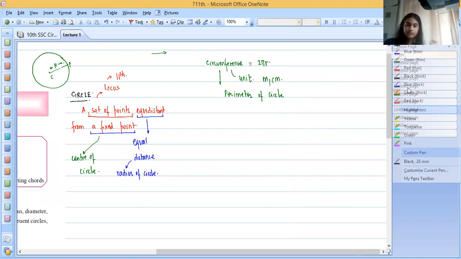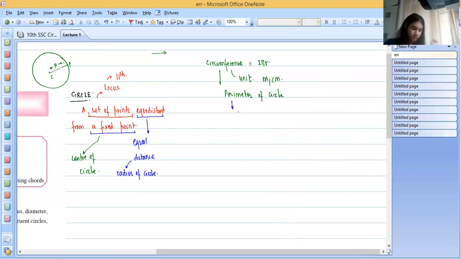What is the perimeter of any geometric figure? Length of boundary. The second thing which we should know for a circle is the area of the circle, which is pi r square.